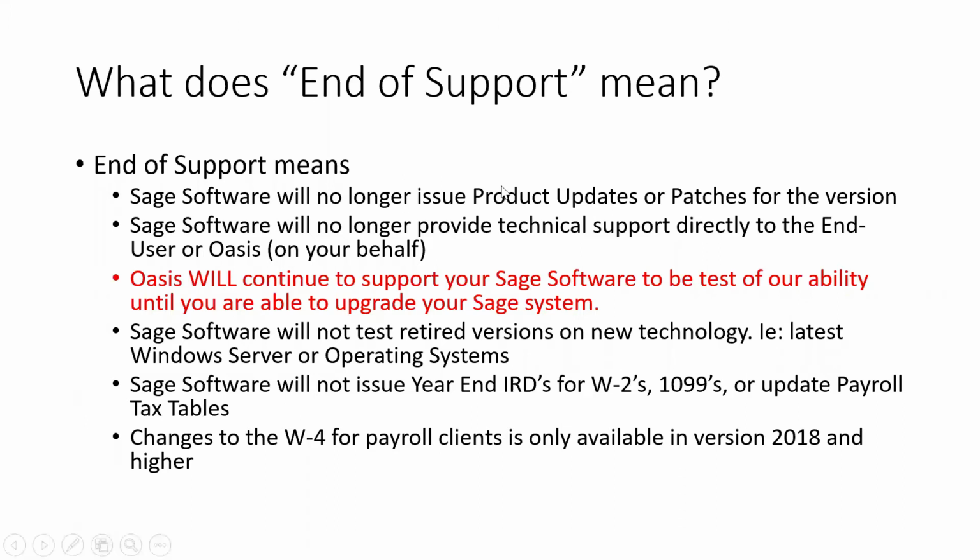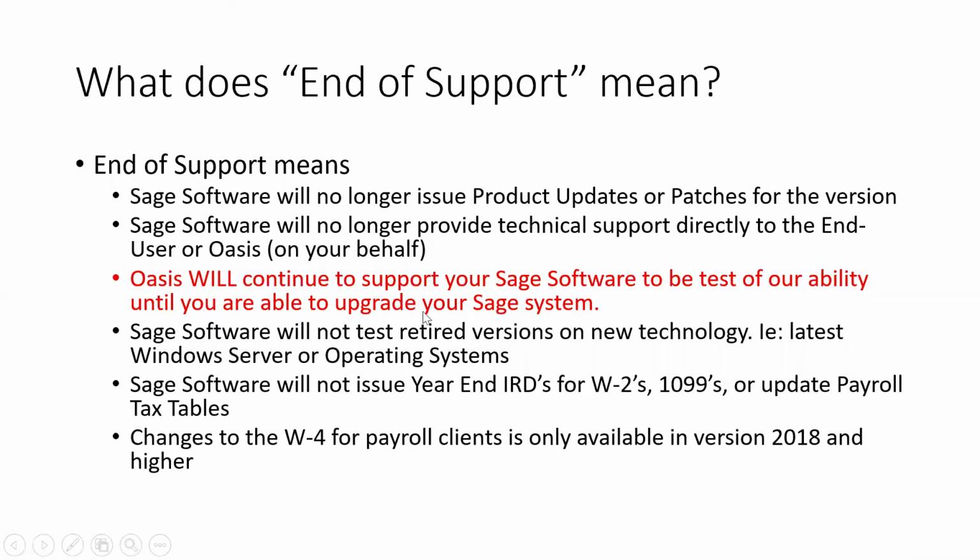But first of all, let's talk a little bit about what does end of support mean. What that means is Sage software is no longer going to issue any product updates or patches for a version. It also means that Sage software would no longer provide technical support of that version directly to you as the end user or to Oasis on your behalf.